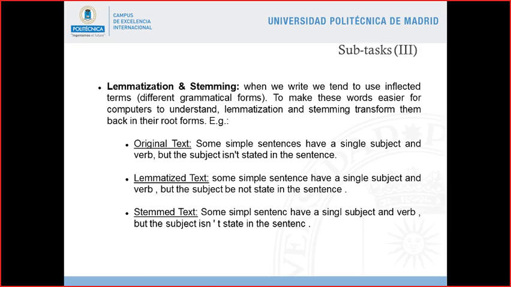So we have two options here. The first one is stemming. That means reducing the inflected words to their root and mapping the group of words to the same stem. But the problem here is that the stems produced are not always in the vocabulary. For example, we have this text: some simple sentences have a single subject and verb, but the subject isn't stated in the sentence.